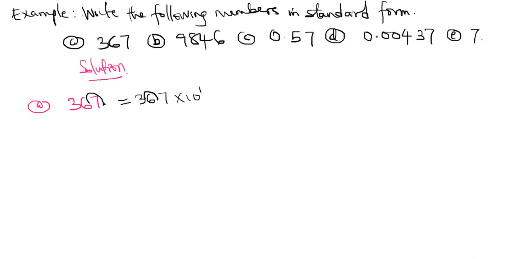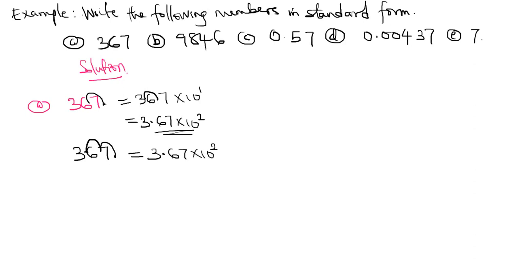When you move it to that point, it becomes 3.67 times 10 raised to power 2, because you have moved twice. So let me write the number as 367. You have your decimal point and you move it 1, 2, and you have it here. This makes the number become 3.67 times 10 raised to power 2. That's how you express the number in standard form.